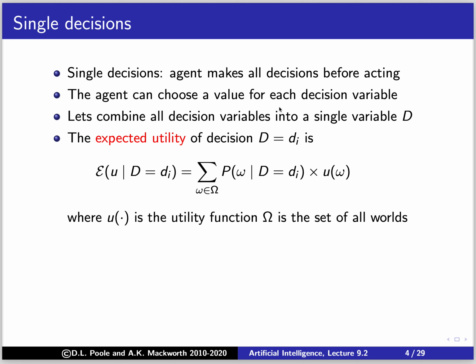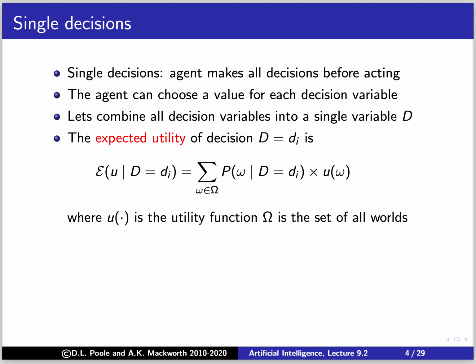We'll combine all these decision variables into a single variable D. Now the expected utility of a particular decision, and we just looked at expected value last time, is the sum over all worlds omega of the utility of omega times the probability of omega.